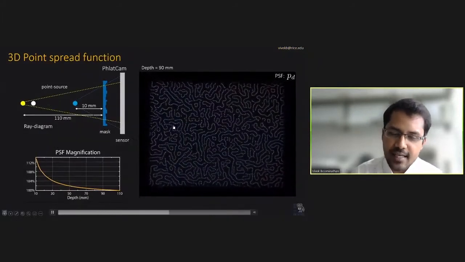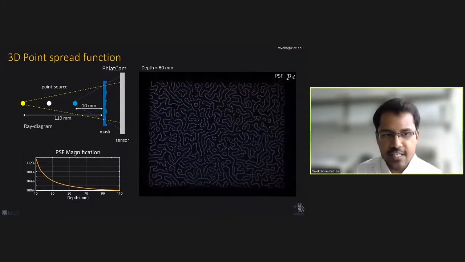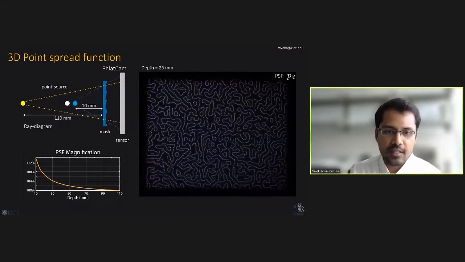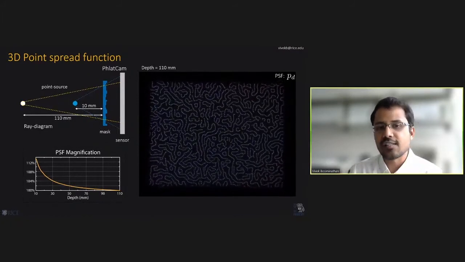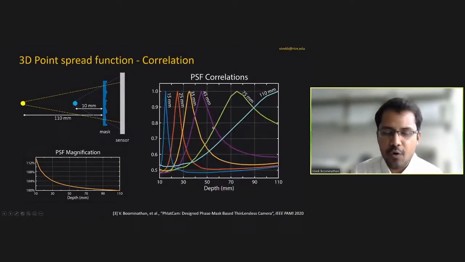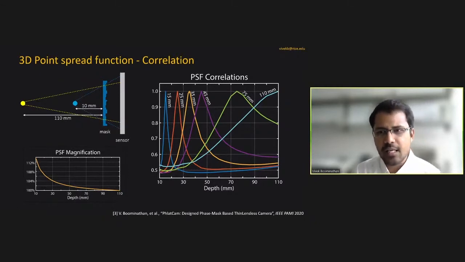This particular lensless camera also has a three-dimensional response to the scene, which is, if it's close enough, the point spread function of the camera actually changes in size or magnification. And we can plot the correlation of all these point spread functions over depths. And we can see a particular trend which we can exploit.